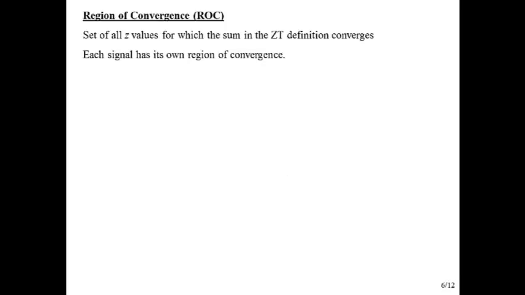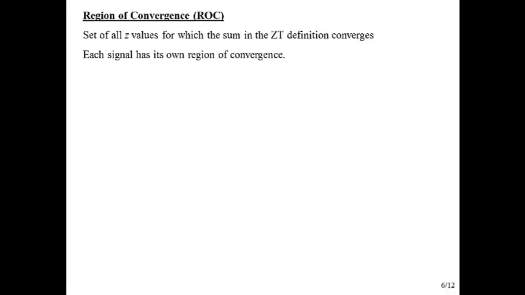Okay, so now we get to this idea of region of convergence. Just a few minutes ago I was saying that when you try to think about doing this sum that defines the Z transform, it's going to converge for some values of Z, but not necessarily for all values of Z. And so each signal that we put into the Z transform will have a perhaps different set of Z values for which that sum will converge.